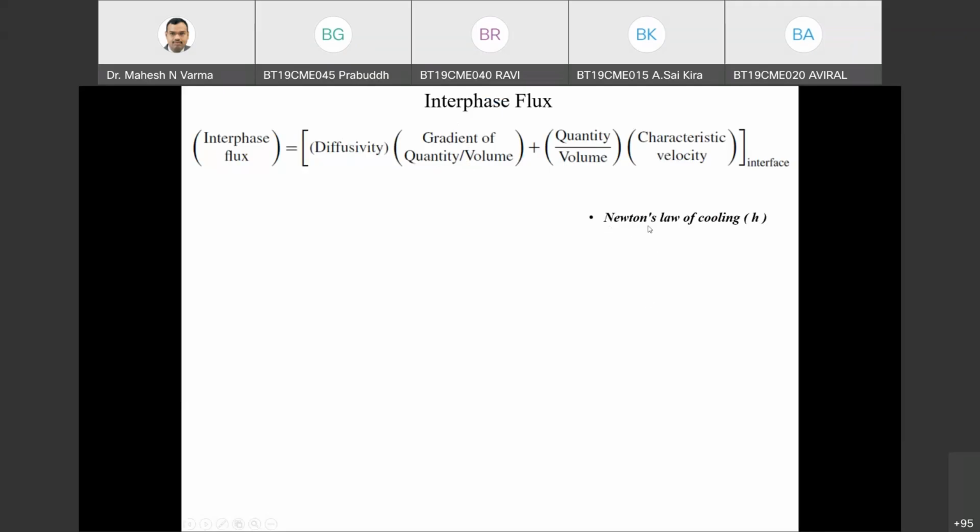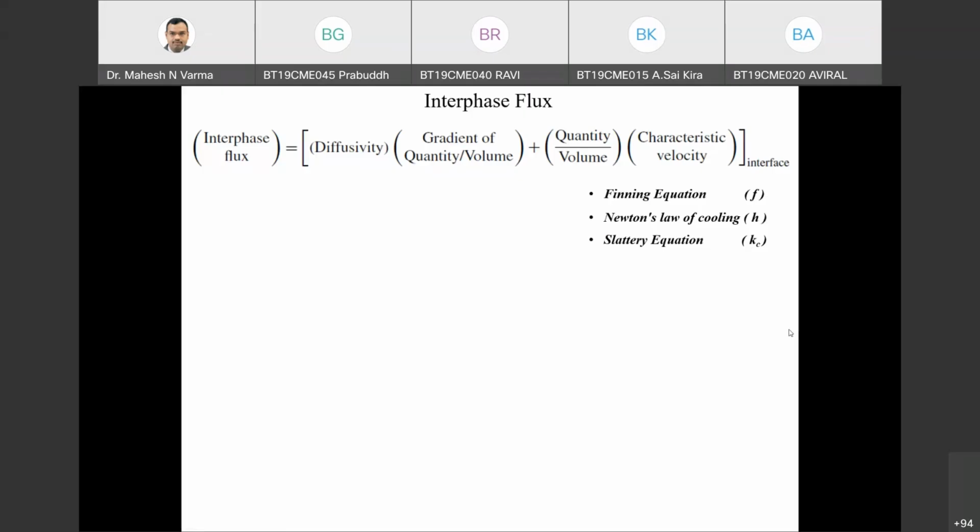In heat transfer it is Newton's law of cooling, which gives me the heat transfer coefficient. In mass transfer it is the Slattery equation or Newton's law of mass transfer. In momentum transfer it is the Fanning equation, which gives me the friction factor. f is the friction factor, h is from Newton's law of cooling, and k_c is from the Slattery equation. Then again in these three equations, the driving force was slightly uneven.